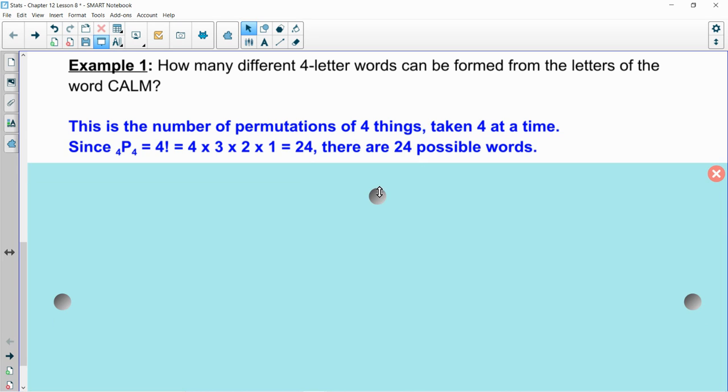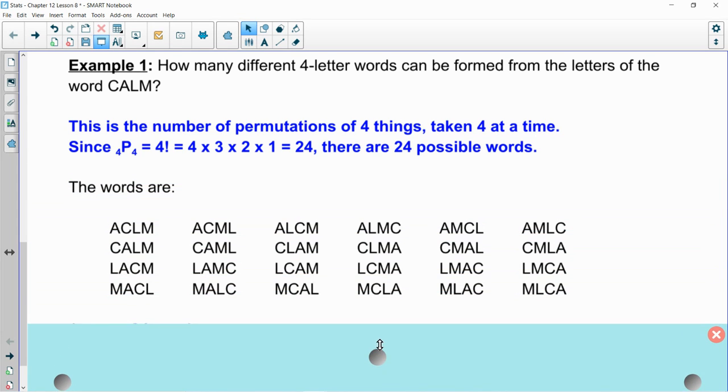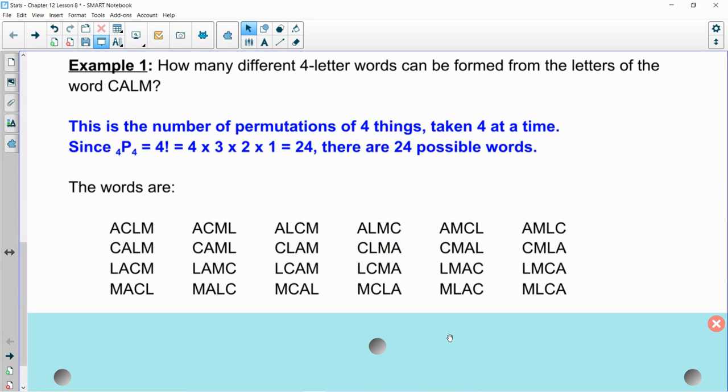Now, I wasn't going to make you sit here and write them all, so I gave them to you. Here are all 24 distinct arrangements of the 4 letters in the word calm. Very exciting, right? You guys are probably falling right out of your chairs right now. All right, now I wanted to show you that for a reason, because there's 24 of them, which seems like a lot.